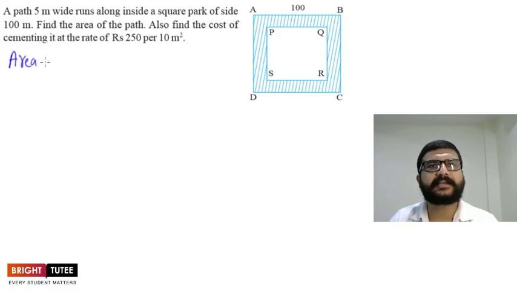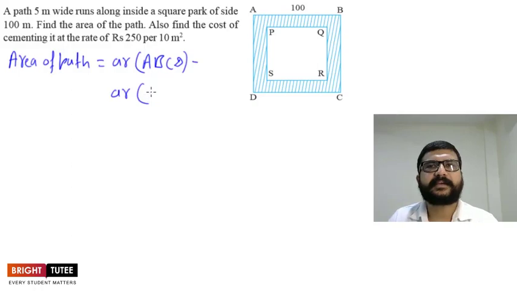As we have seen earlier also, area of path will be equal to area of square ABCD, that is the outer square, minus the inner square, and it will be PQRS.